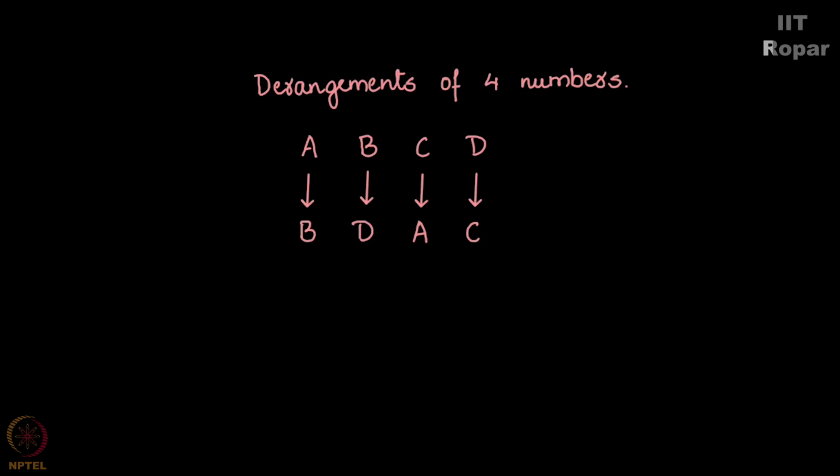This is one such possibility. Other way would be A can grade C, B can grade A, C can grade D and D can grade B. Yes, so this is another such possibility. We can go on enumerating, but how many such possibilities are there?